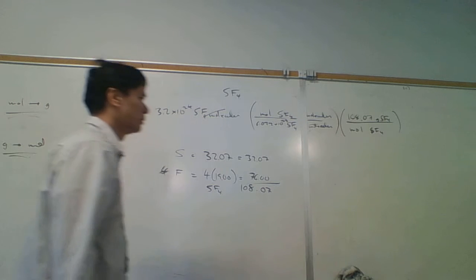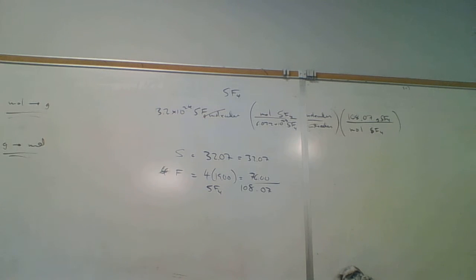Let's see what the value is. They rounded it differently than we rounded it. Do you see how they rounded 32.06? So their molar mass is a little bit different than ours.